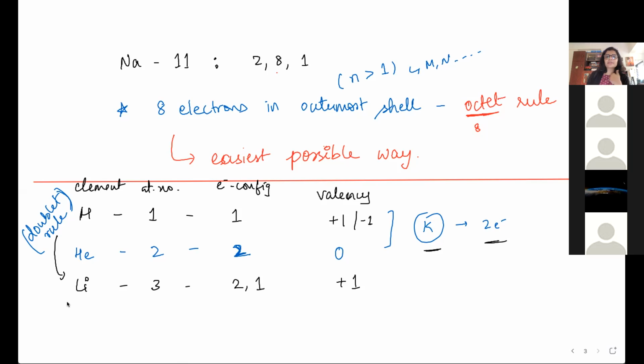Next, beryllium. Atomic number? 4. Electronic configuration? 2 and 2. And valency? +2. Absolutely. So that's how you can figure it out. Instead of going in order, I'll quiz you guys about some elements.